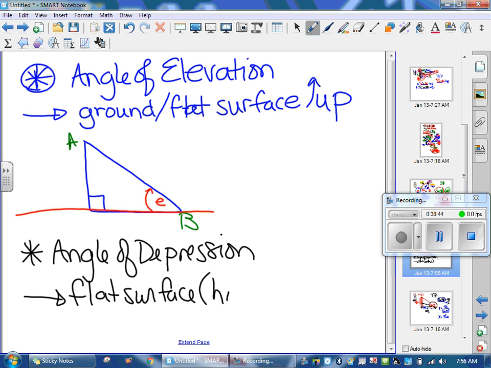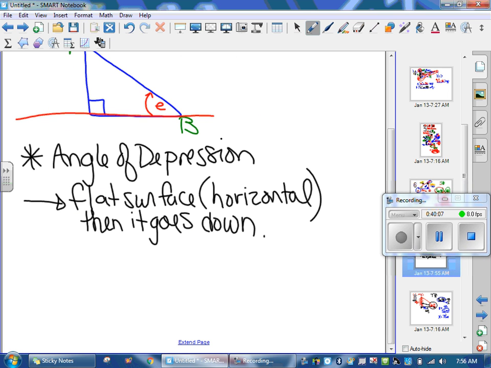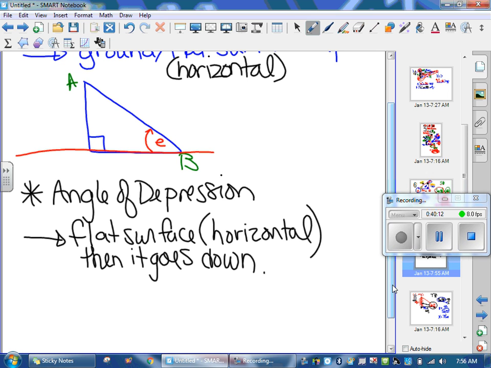And then it's going to go down. If we take a look at the diagram that we have drawn already, the angle of depression, if I were to draw it on this triangle, I would need to draw another flat surface at the top, show my flat surface, and then I would draw from my flat surface down. That is going to be my angle of depression.